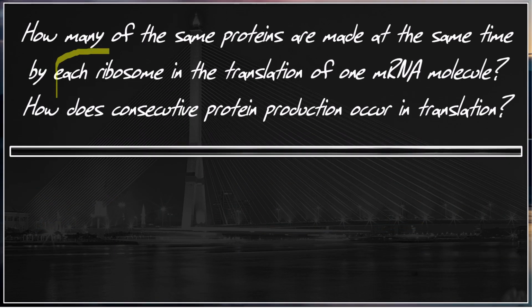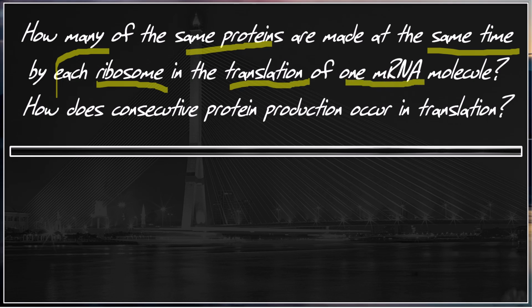How many of the same proteins are made at the same time by each ribosome in the translation of one messenger RNA molecule? How does consecutive protein production occur in translation?